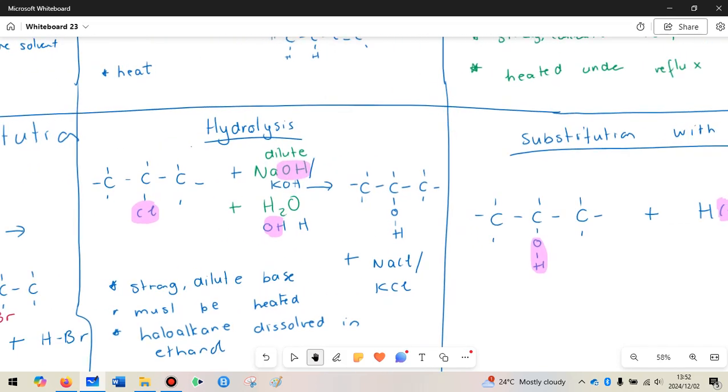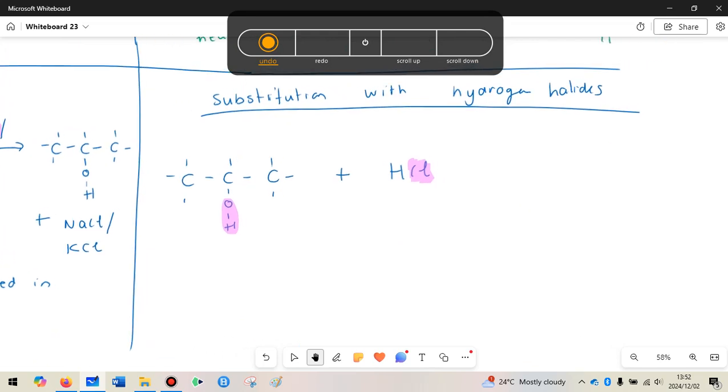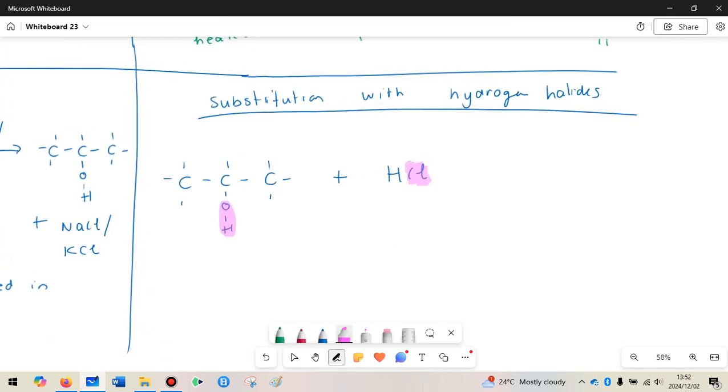Okay, constantly compare it to the other reactions. So you can see it's kind of the opposite of this. Okay, so you're going different way with the arrow. Okay, so it's easy to see the OH will just get kicked out, the Cl will take its place. Okay, and don't forget that you still have this OH that you kicked out plus the H from the HCl, so you still have water at the end of the day.